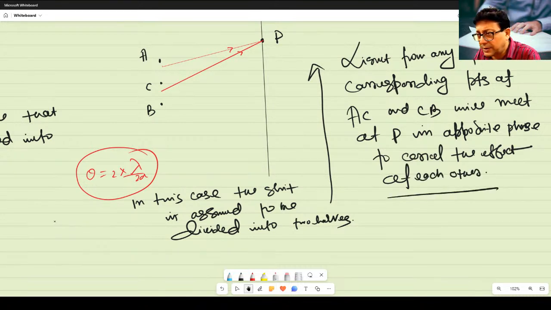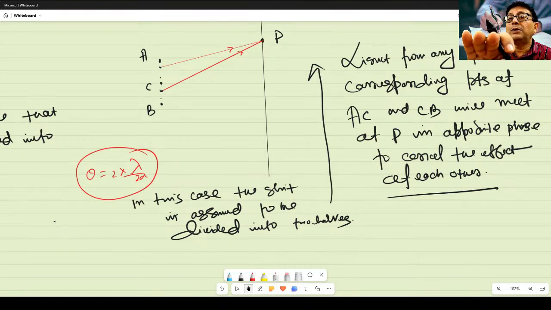Just one case I have written. So what is happening? Let me explain. What are corresponding points? Point A corresponds with C. A point just below A, a point just below C, they are corresponding points. Okay? A point just above C or a point just above B, they are corresponding points.